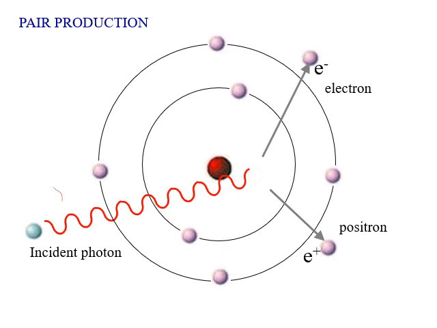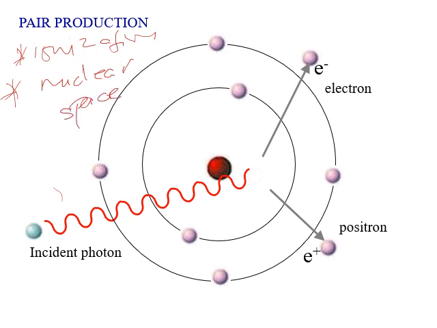So in the pair production, there is also no ionization. Walang ionization as you can see. There is just a splitting of this incident photon. So dito siya nangyayari sa nuclear space. So yung keyword nyo is nuclear space.